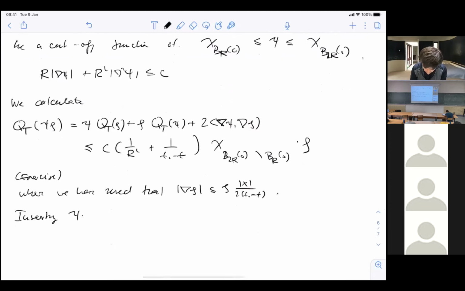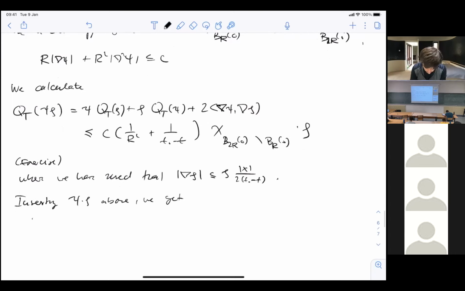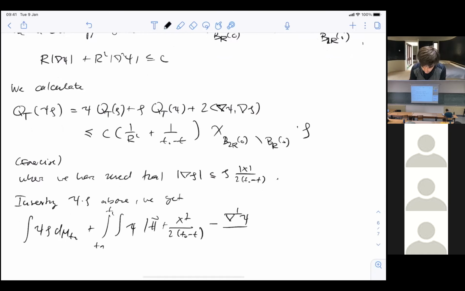if we insert psi times rho above, what do we get? We get the integral over psi times rho d mu t2 plus the integral from t1 to t2, integral over psi times the mean curvature vector plus, now we have x perp, that's what we want, over 2(t0 minus t). That's good. Now we get an additional term which is grad perp psi over psi squared rho d mu t dt.